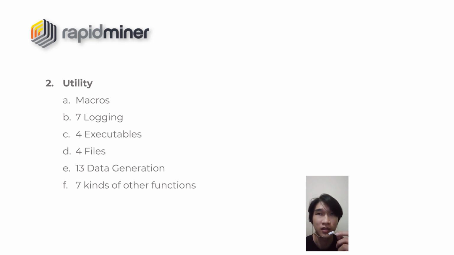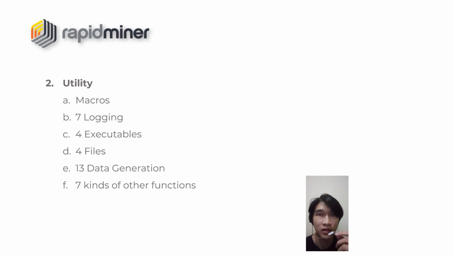It has set, generate, extract, and unset. Point B. It is 7 logging. It has log, delete log, value extract log, pass macro as value log, enter weight, enter data, and print console.